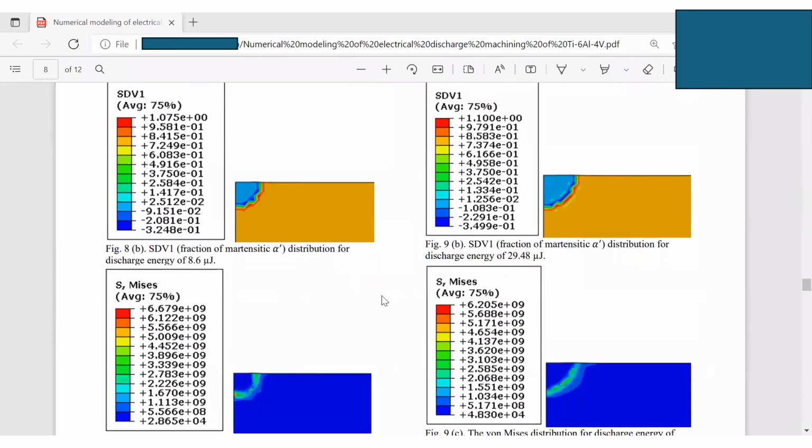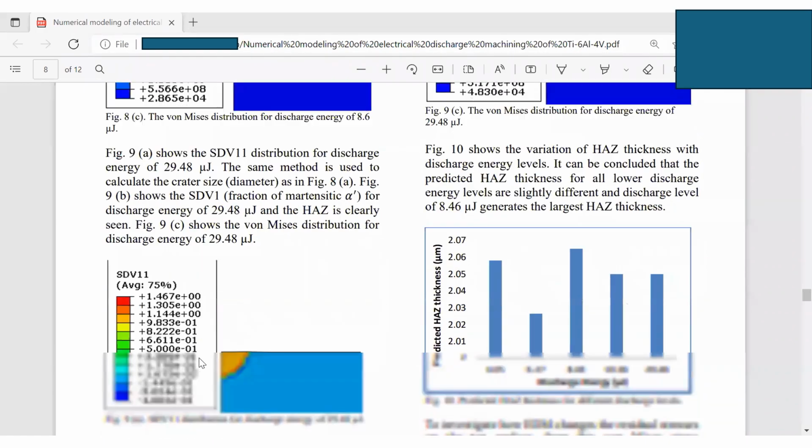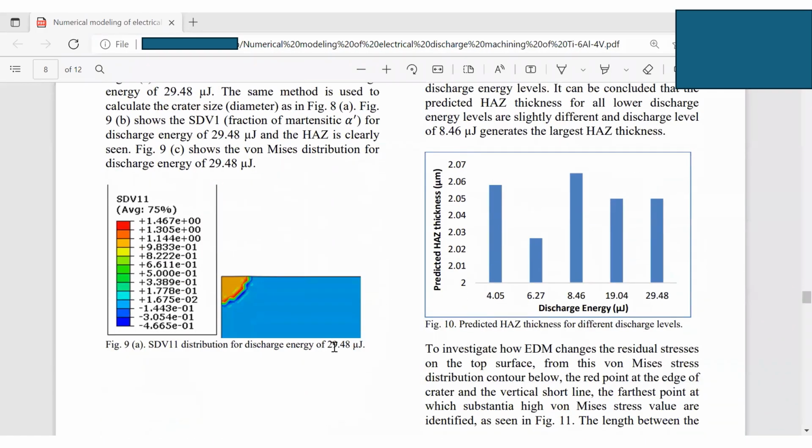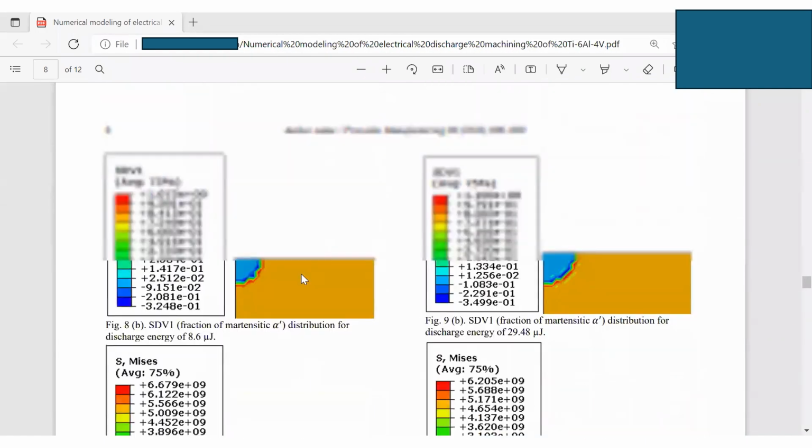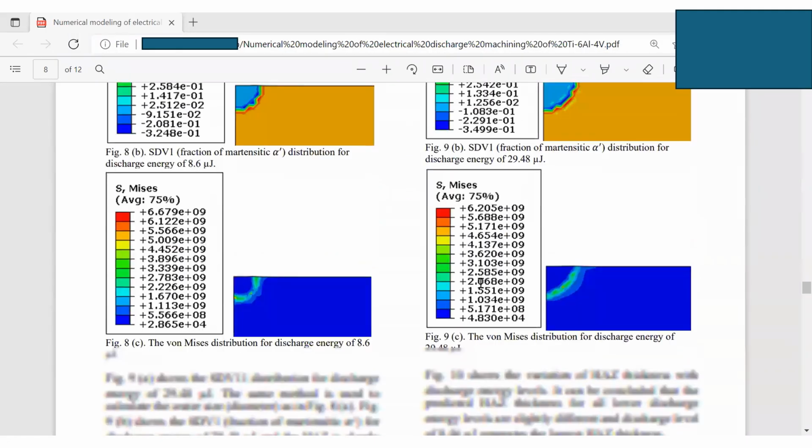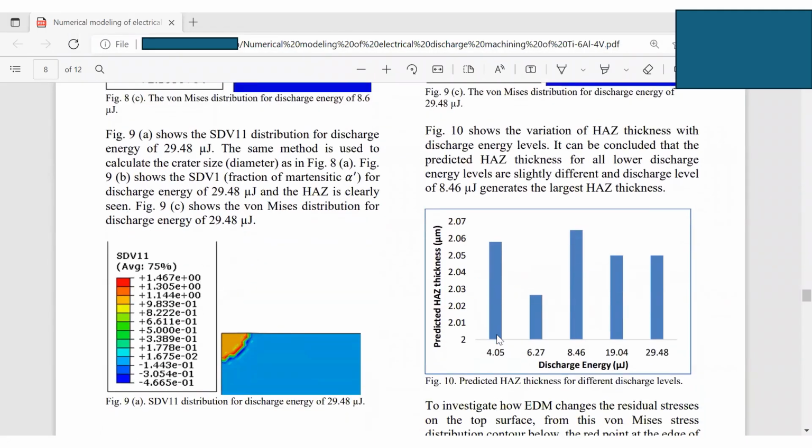So for other conditions, for other energy levels, we have STV11, STV1, and von Mises stress. And here is the predicted heat affected zone for different energy levels.